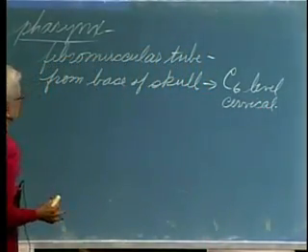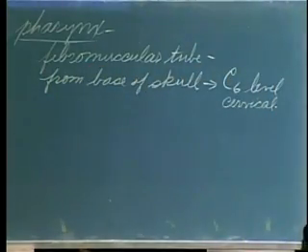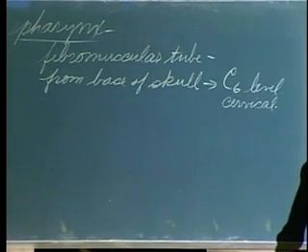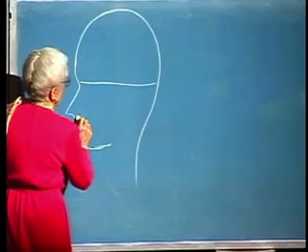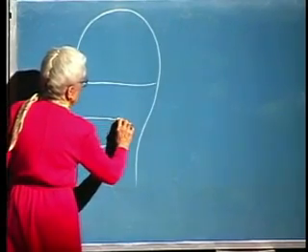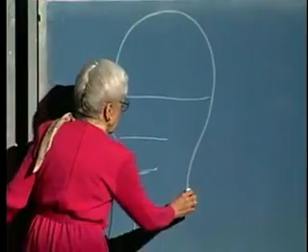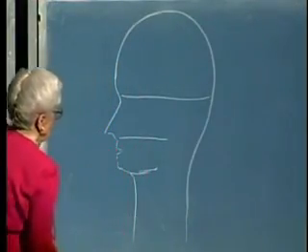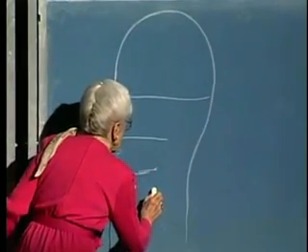So let's see its relationships now. So we'll have the base of the skull here. We'll have the floor of the nasal cavity here. And we'll put in our larynx down here.